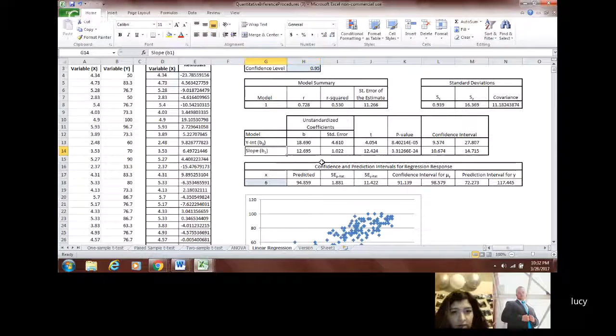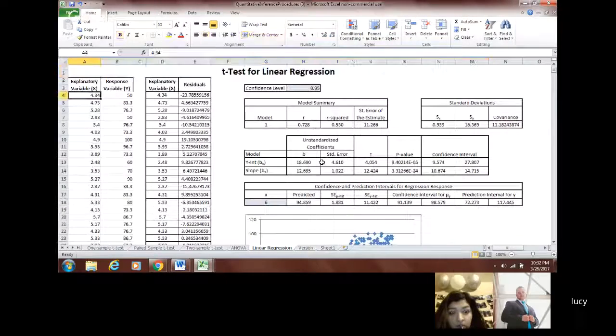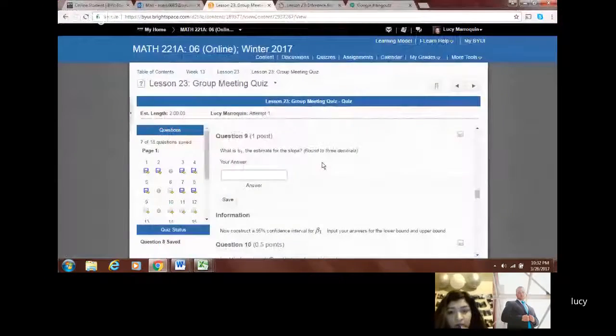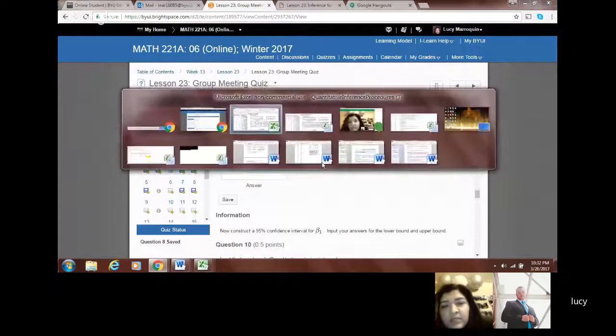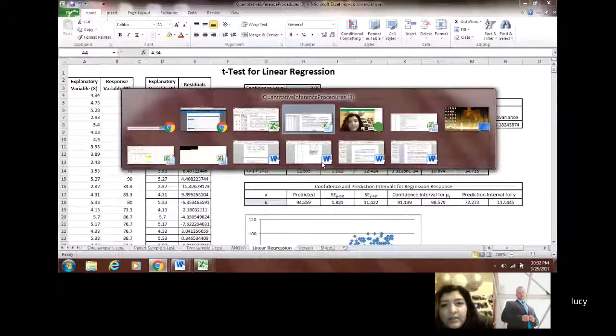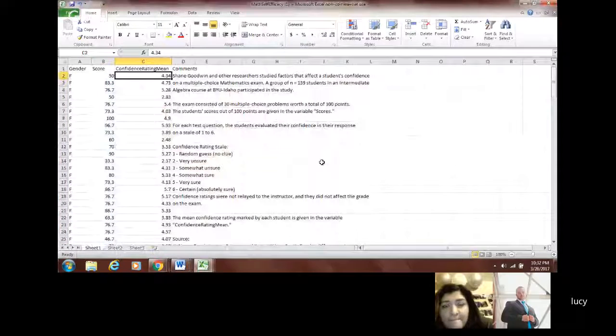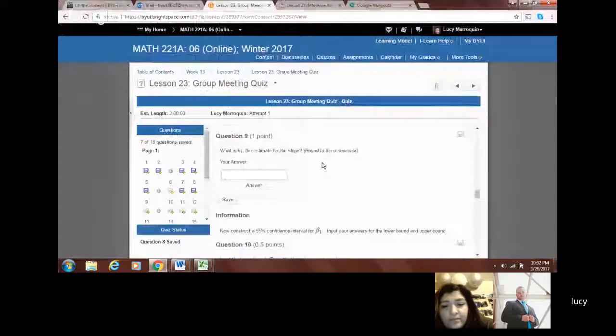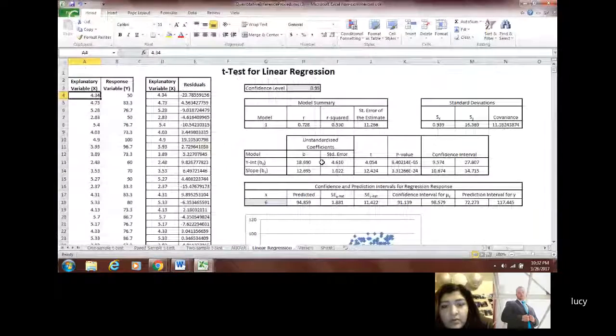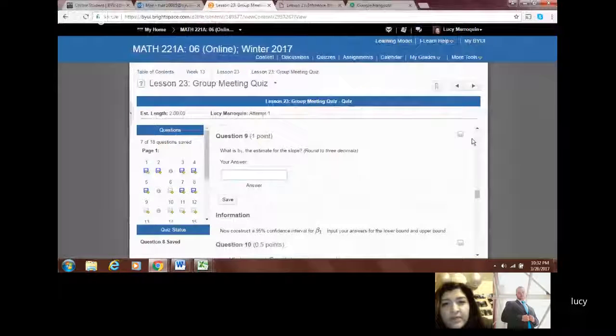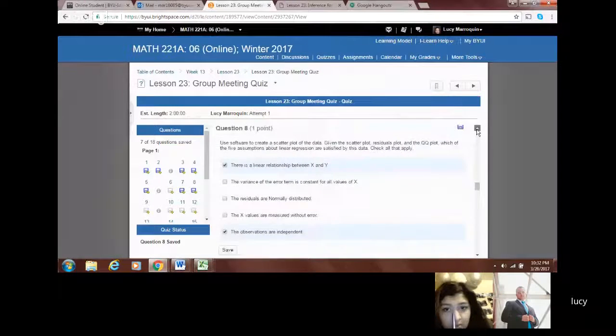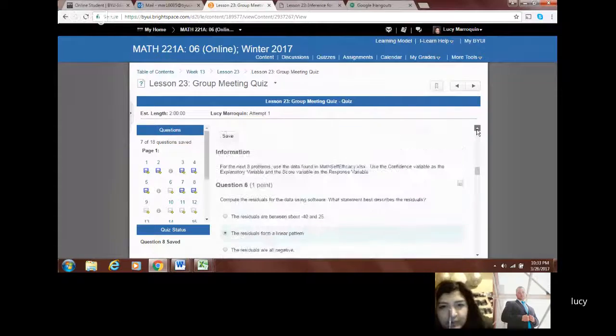Well, I don't know what I'm doing wrong. So when you input it, you input the explanatory and the response variables. For the explanatory, does it start with 50? Let me see. No. Did you put the 4.34 first? Yeah, that's what I'm doing. I think we have ours switched.